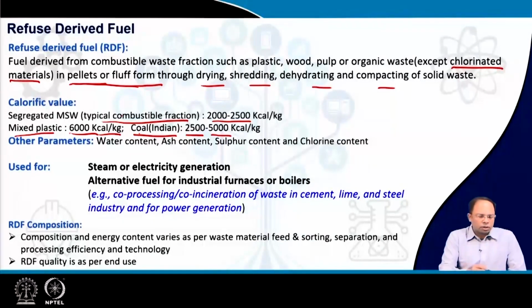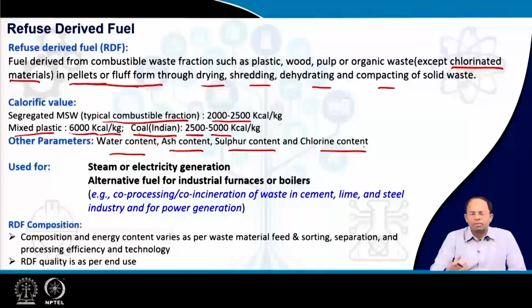Some of the other parameters that we should be concerned about are the moisture content, the ash content, the sulfur content and the chlorine content of this material. This is what influences the final output of the RDF material that we will generate.